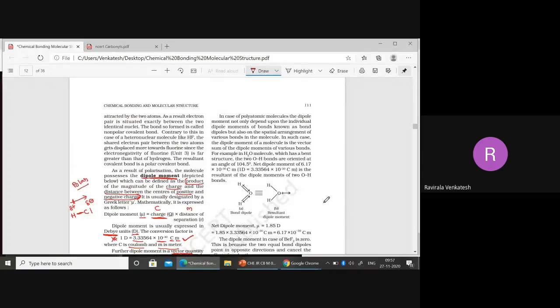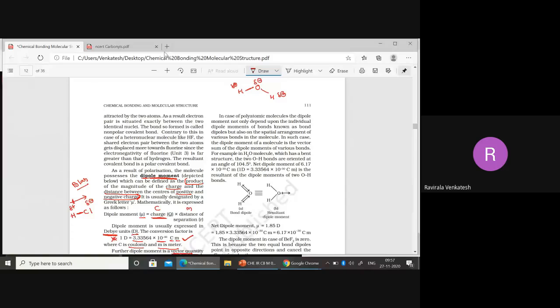Now for example, if I take water, H2O, I'm writing it like this: oxygen with hydrogen, hydrogen. Definitely oxygen is more electronegative than hydrogen, because hydrogen has less electronegativity. Here hydrogen has positive character, and the other hydrogen also has positive character.